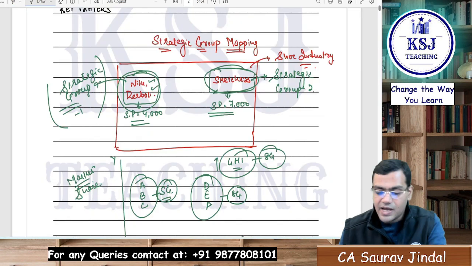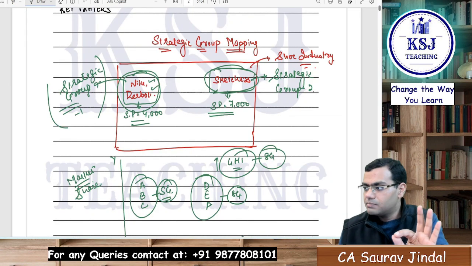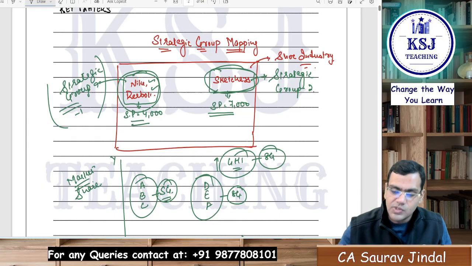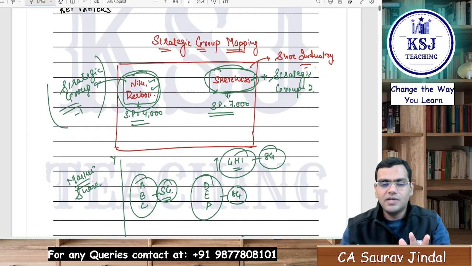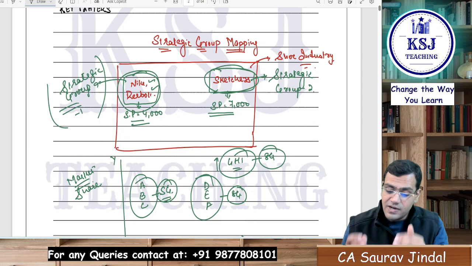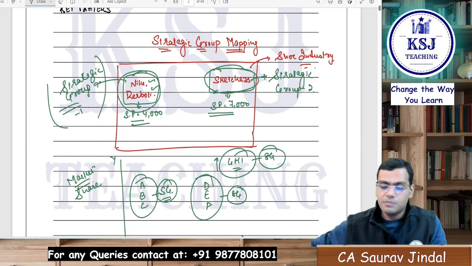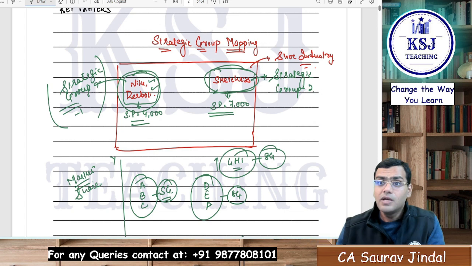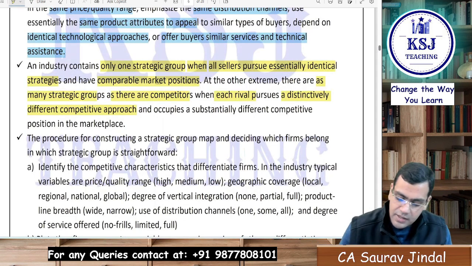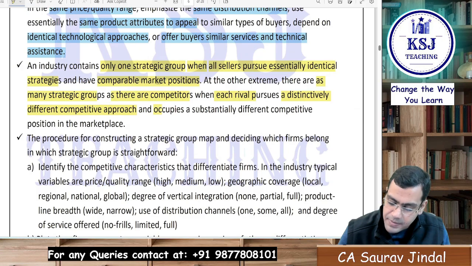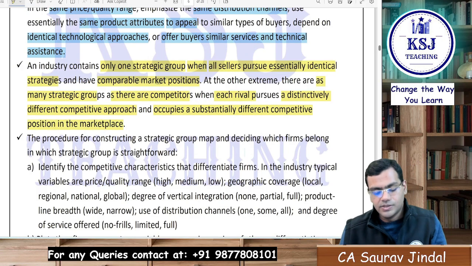In simple language, if Nike, Reebok, Skechers all follow a similar strategy, then there is one strategic group. They are all part of one strategic group, right? But if everyone is following a different strategy, then Nike is one group, Reebok is one group, Skechers is one strategic group. So as many groups will be there, occupying substantially different competitive positions in the marketplace, right?